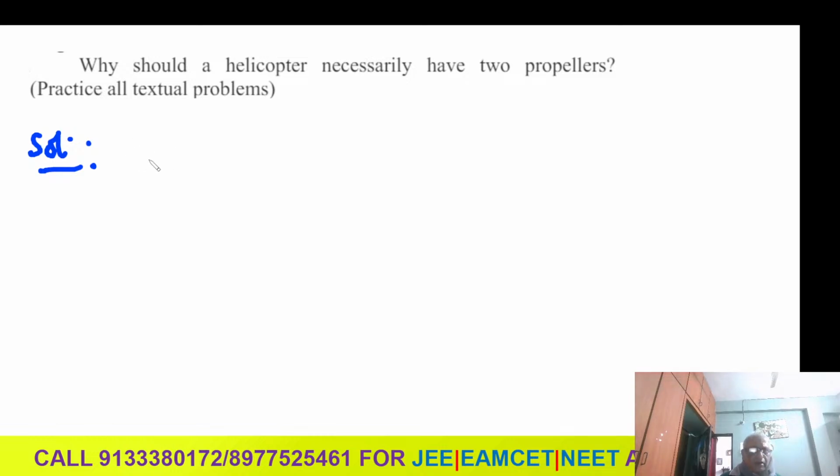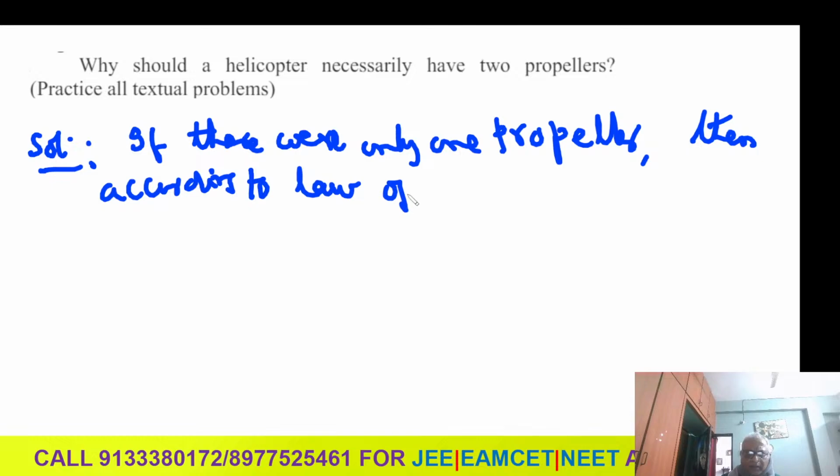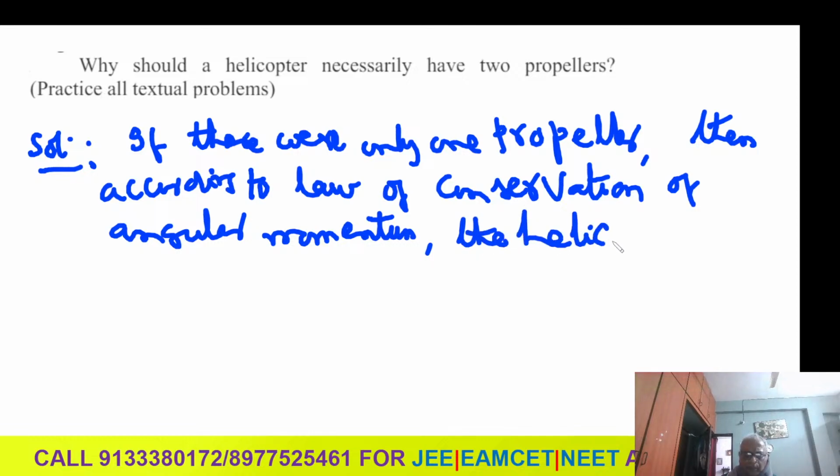Why am I telling angular momentum? Because I am writing the reason. If there were only one propeller, then according to the law of conservation of angular momentum, the helicopter would rotate itself in the opposite direction.